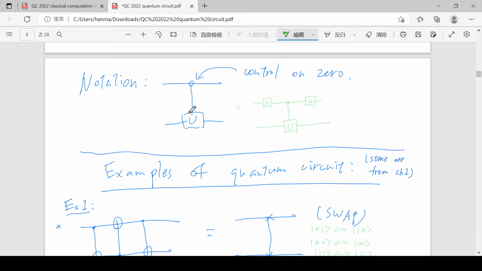So you only apply U when the first qubit is zero instead of when the first qubit is one. And you can write down an equivalence. That's saying you flip the first qubit first, then apply this solid dot control, then flip it back. Okay? So that's just some notation you might see in the book or on paper.